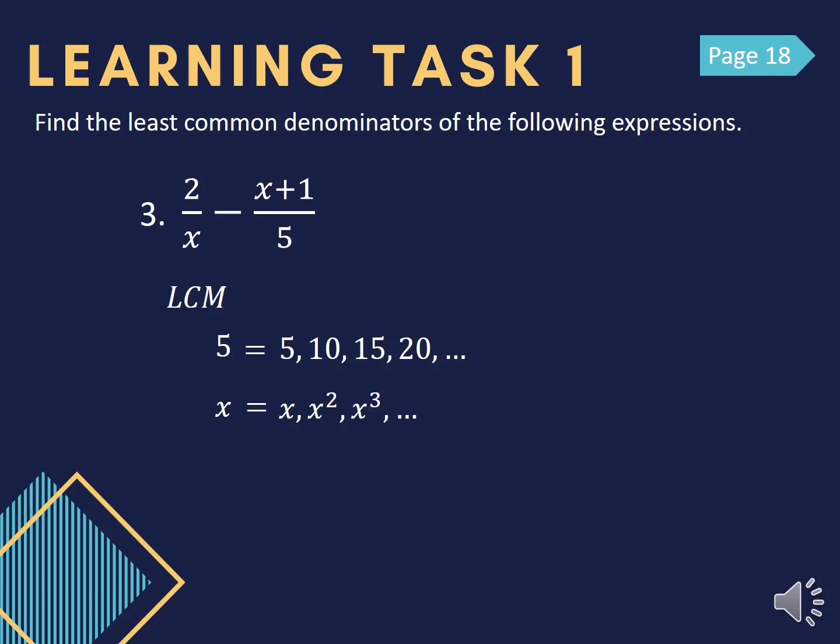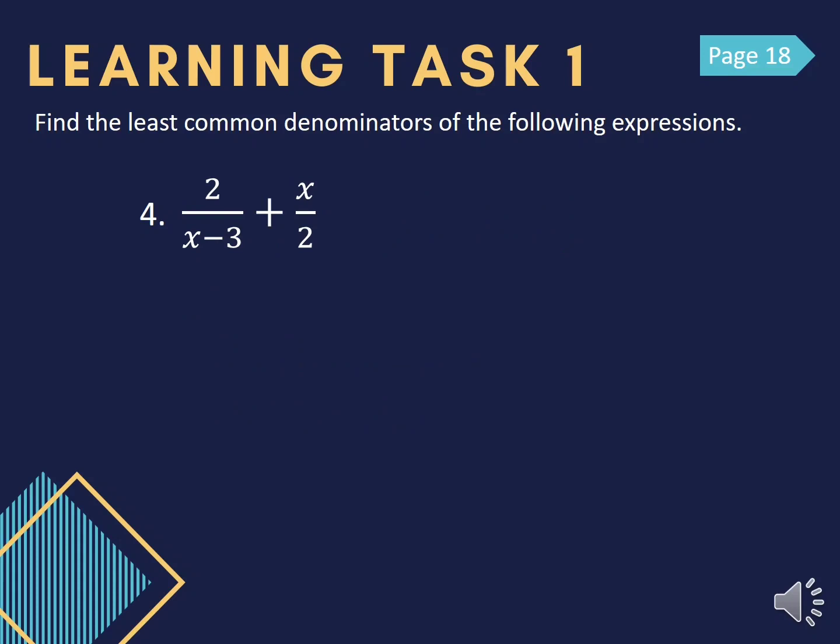Multiples of x are x, x squared, x cubed, x to the fourth, and so on and so forth. So again, just like in our given number 2, the given are a number and a variable. So in this case, we just need to multiply the two. So we have 5x. Okay?